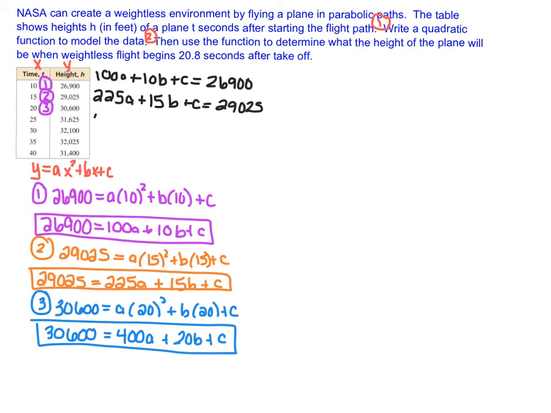And then I have 400a plus 20b plus c is equal to 30,600. So then from here, I need to decide how I want to tackle solving this three variable system.